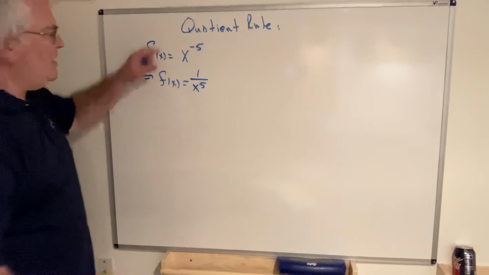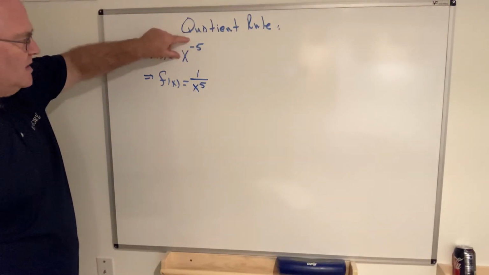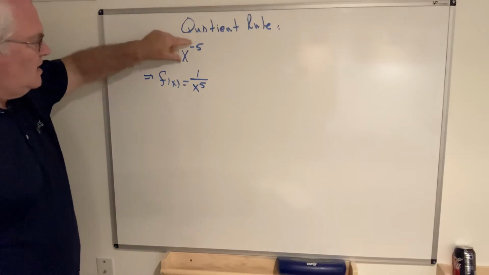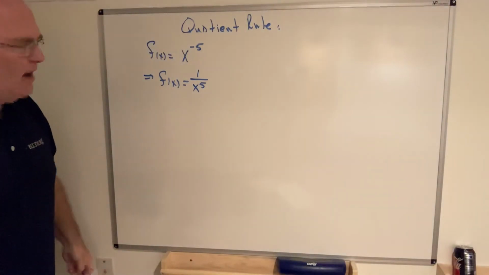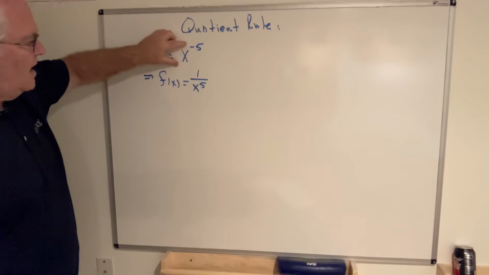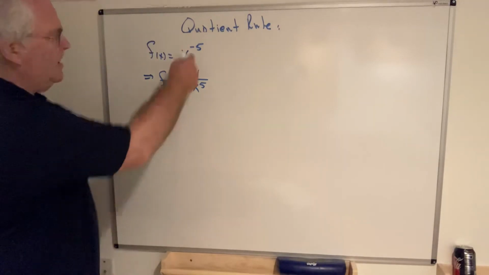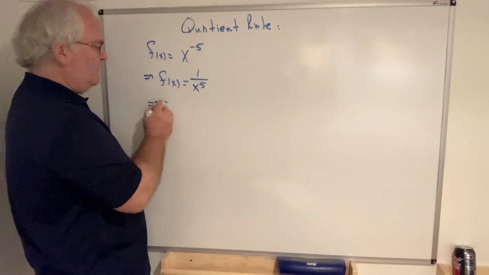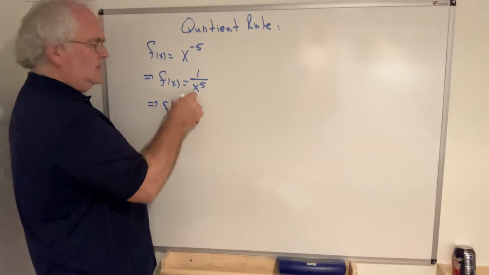So just in case we didn't know what that derivative was, we're going to show that the power rule actually works here as well, because officially we've only done the power rule for natural numbers. Now what if this is a negative exponent? Well, we know that these are equal, and so this tells us that the derivative here is the quotient rule.